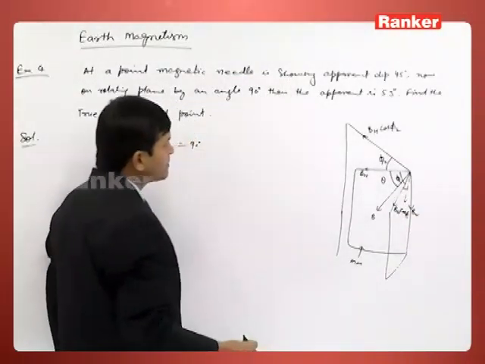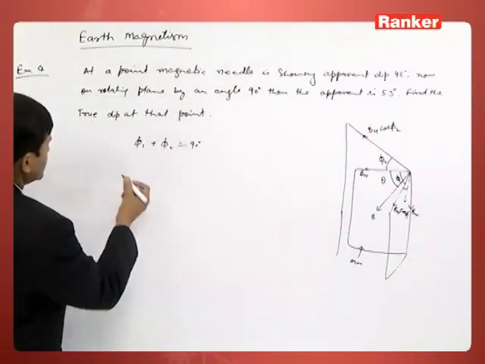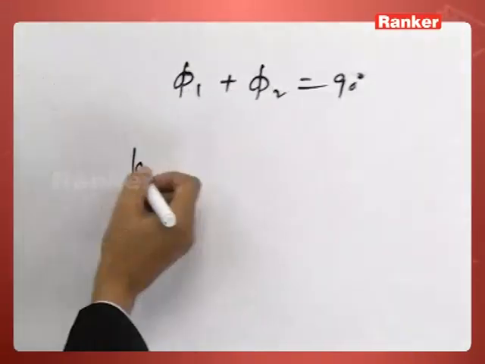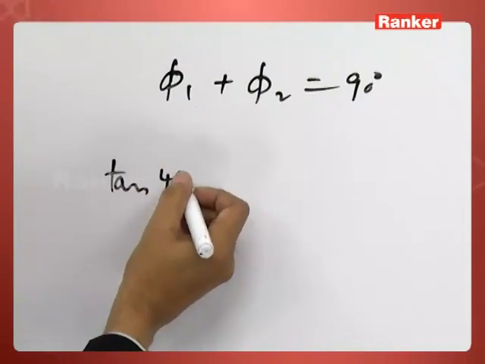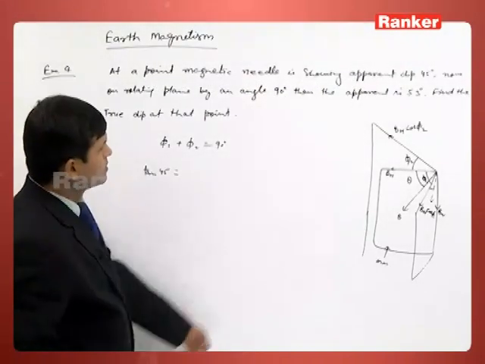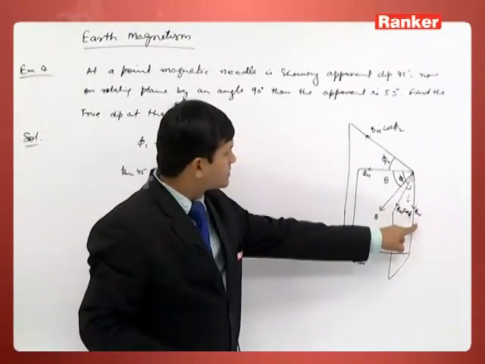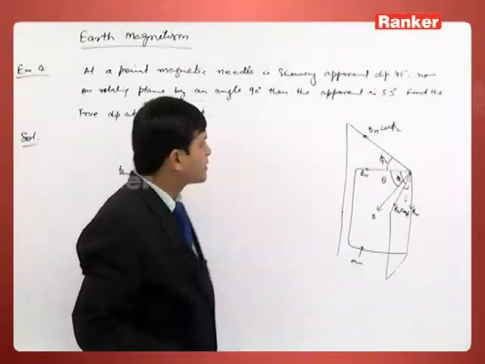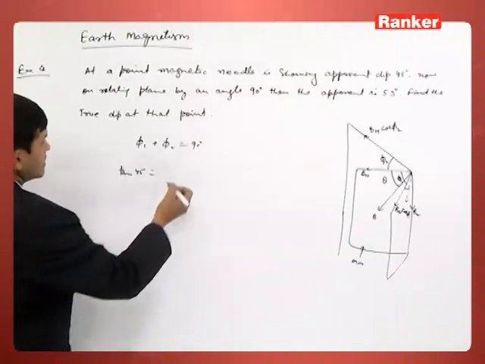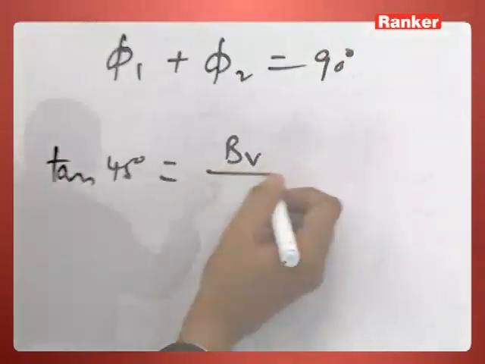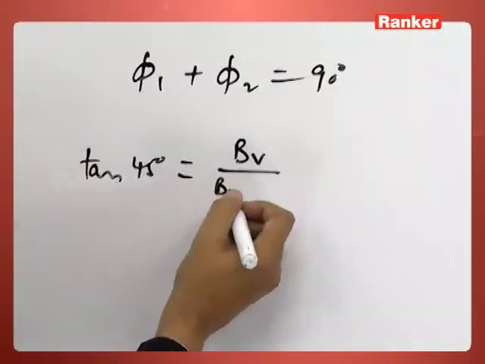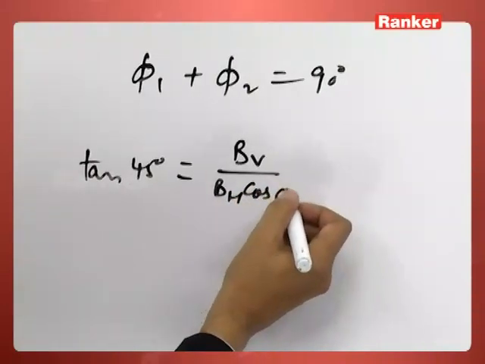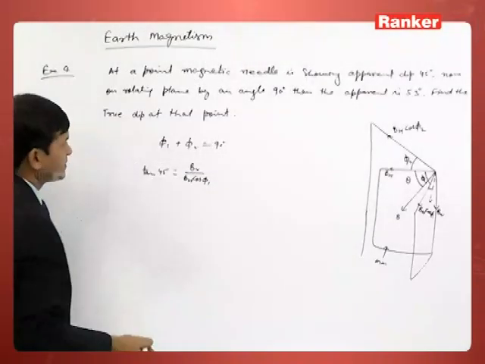So apparent dip is 45, so tan 45 is your vertical component of earth field BV by the horizontal component BH cos phi 1.